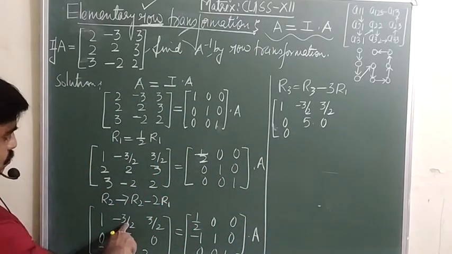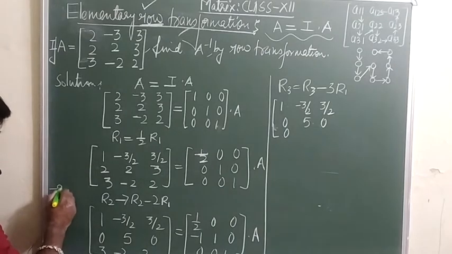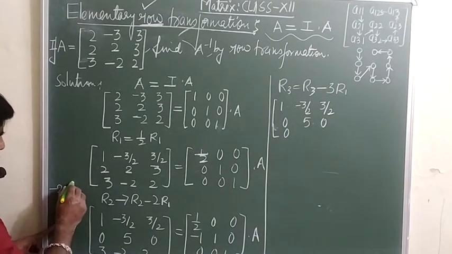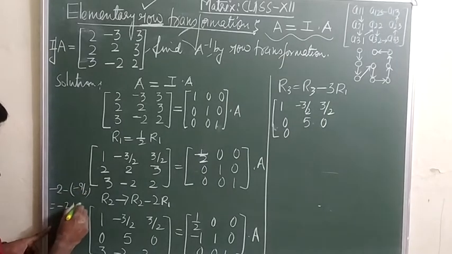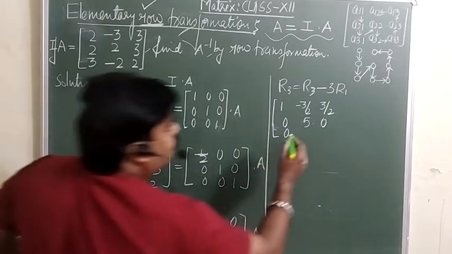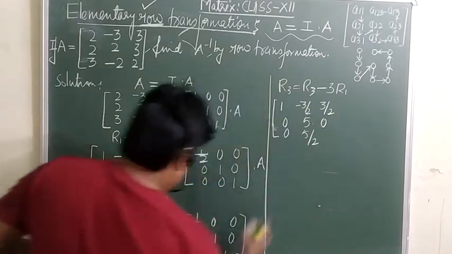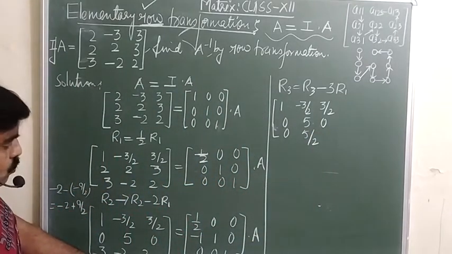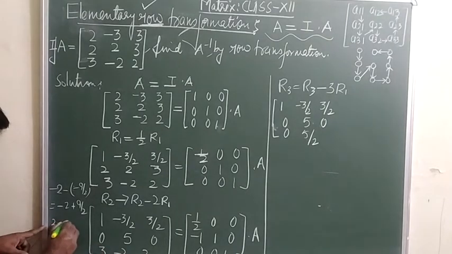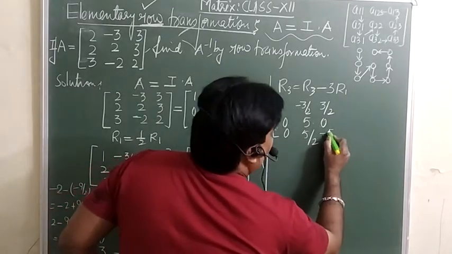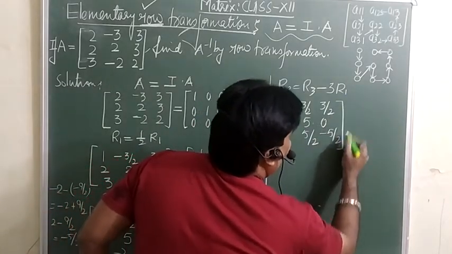Minus 2 minus 3 times of this, so minus 9 by 2. So this is minus 2 plus 9 by 2, so you will get 5 by 2. Similarly here, 2 minus 3 times of this one, so 2 minus 9 by 2. So you will get minus 5 by 2.